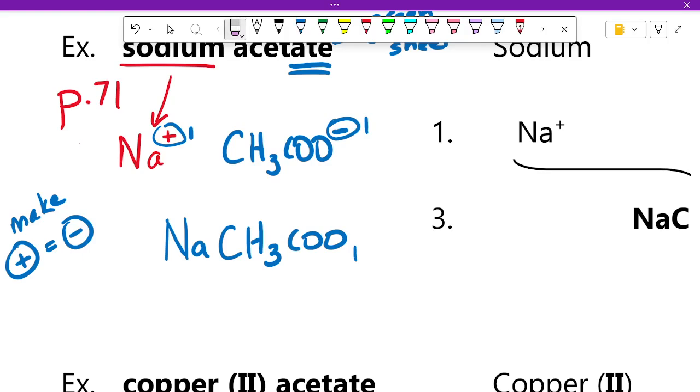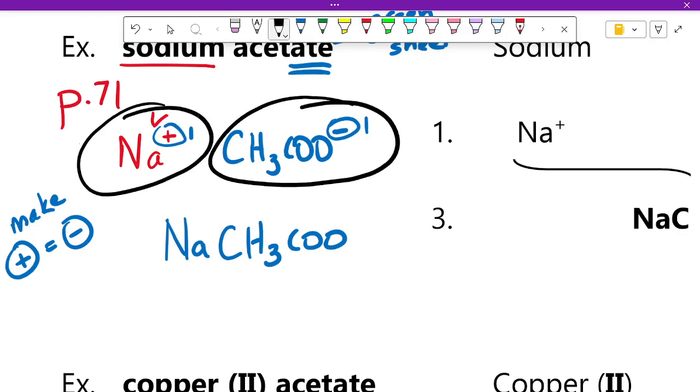No. Do I put brackets around it? No, because I would need to have more than one of them. If I needed 2, I would do that, but I don't need 2, so I do not want brackets. How do you know you don't have more than one? You look at it and you say plus 1 is equal to minus 1. You've only drawn 1, so you only have 1.